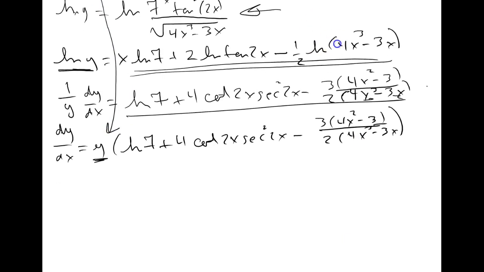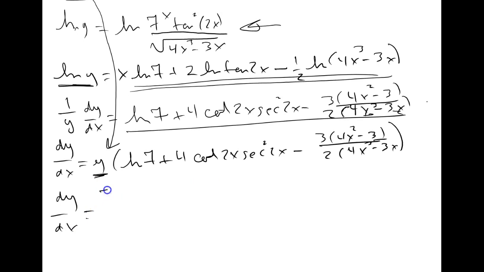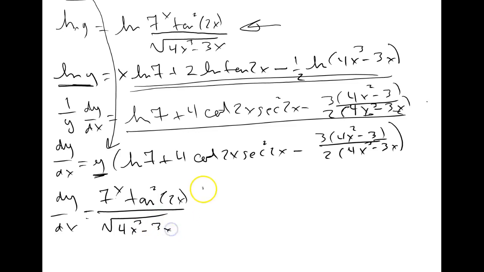And you're done. So the derivative, dy/dx, is equal to 7 to the power of x tan squared 2x over the square root of 4x cubed minus 3x, times this bracket here.